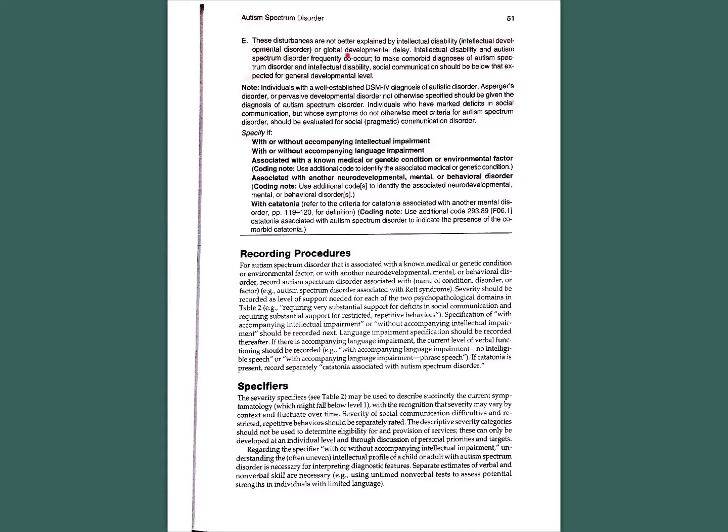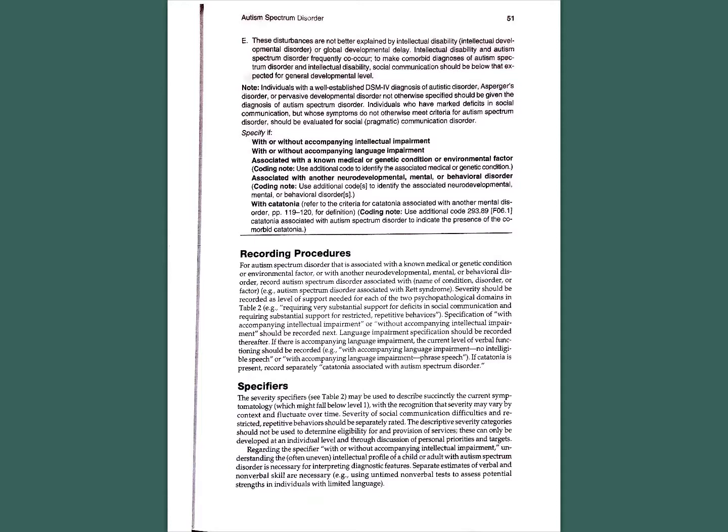E: disturbances are not better explained by an intellectual disability or perhaps a global developmental delay. So it can't be caused by someone who has some type of developmental delay.